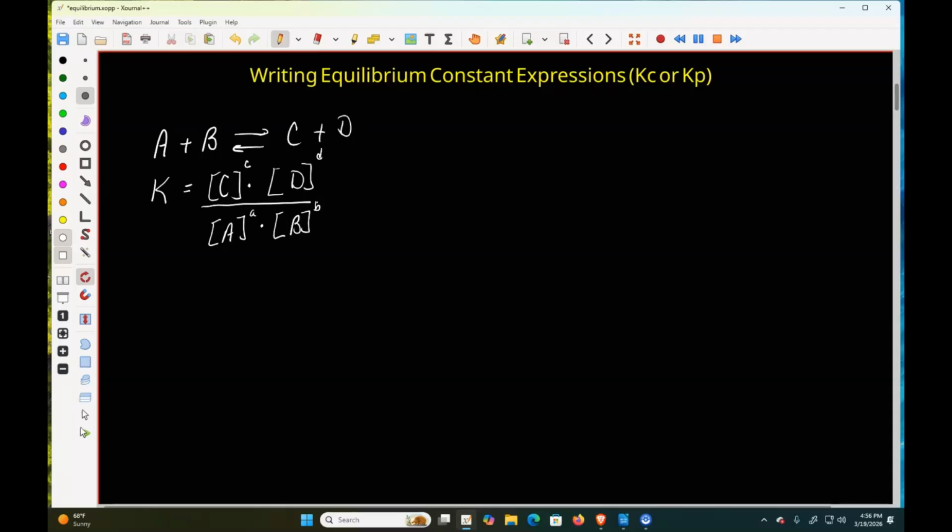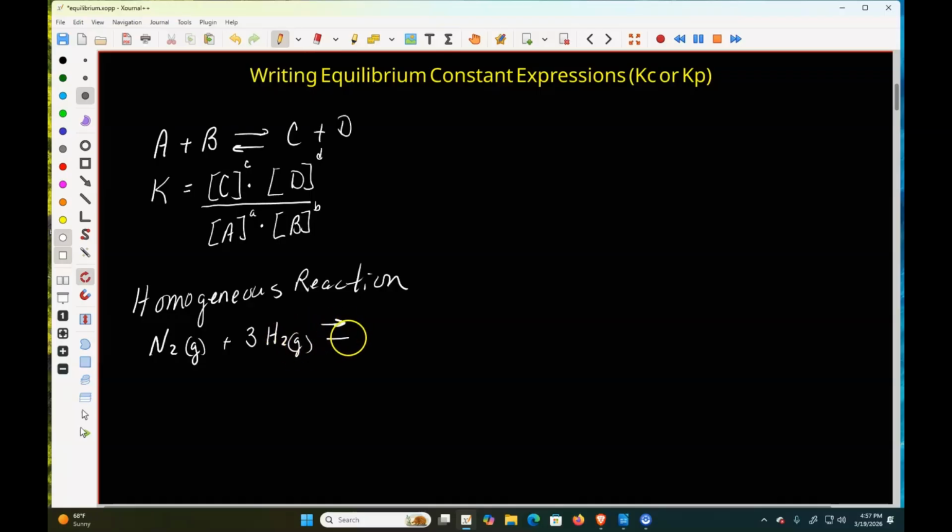An example of a homogeneous reaction is one where everything is like gases or aqueous. So an example will be nitrogen gas plus 3 molecules of hydrogen gas to produce 2 ammonias, also gas.